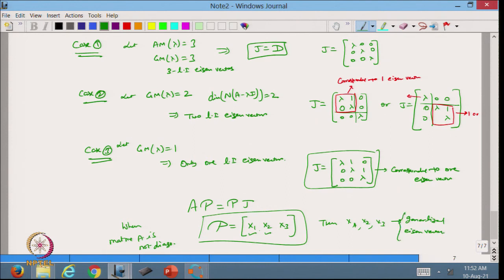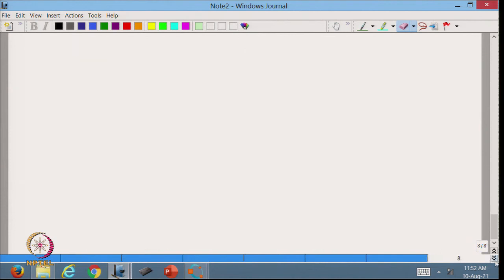So, I will see which one is a generalized eigenvector and which one is not. So, I just write the definition first. Let us stop here and write down the definition of a generalized eigenvector.